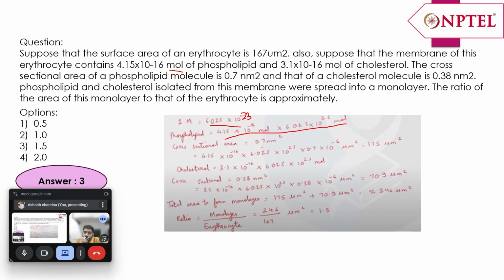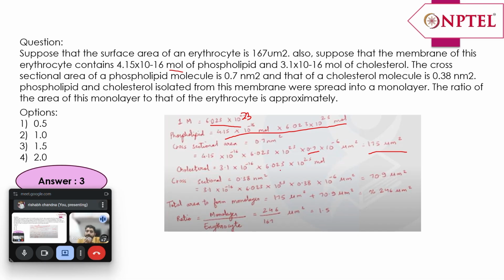Its area is 0.7 nanometer square. So the total surface area covered by the phospholipid would be this number of molecules into 0.7 nanometer square. This would yield 175 micrometer square.